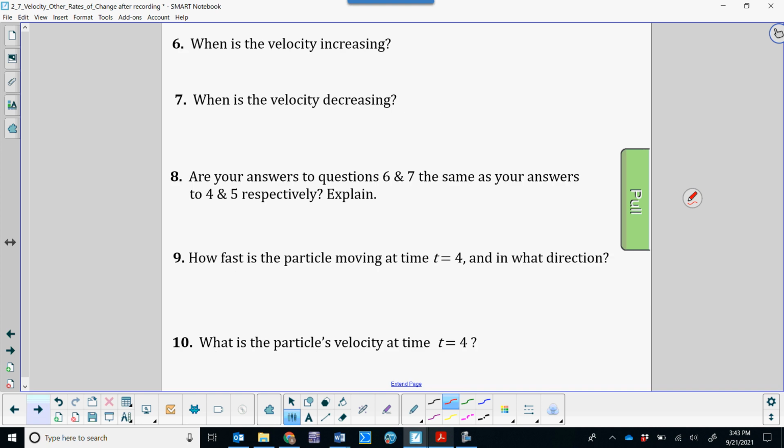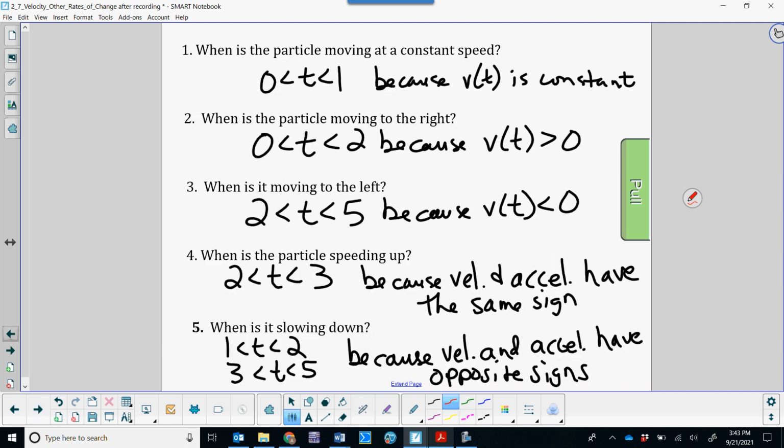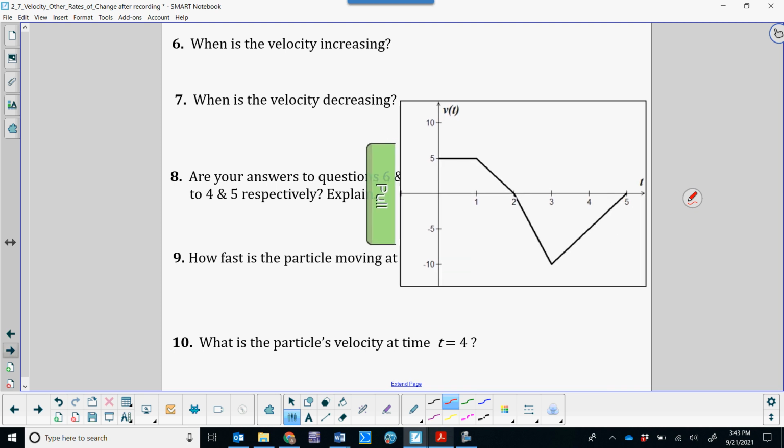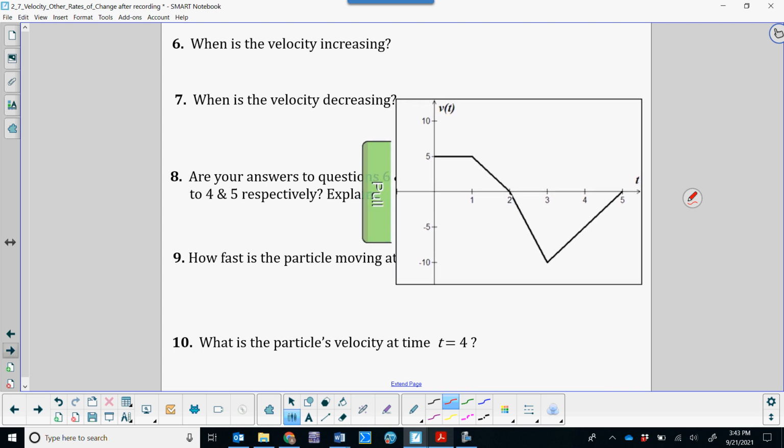Number 6 says, when is the velocity increasing? Okay, so back to the graph. Looking at the graph here, the velocity is going to be increasing if its derivative is positive, because velocity is this graph.